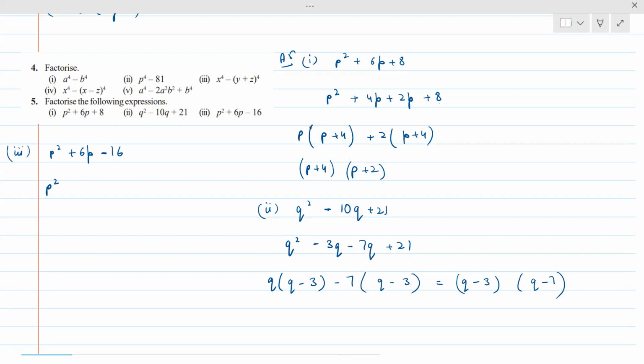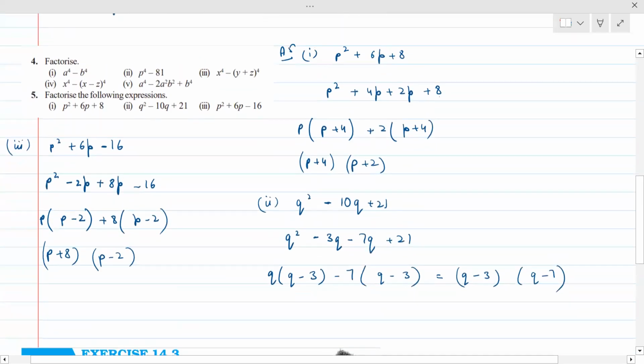So it will be p^2 minus 2p plus 8p minus 16. You can see when I add this, it will be 6p, and when I multiply, it will be minus 16p^2. So common is p(p minus 2) plus 8(p minus 2). So it is (p plus 8)(p minus 2).